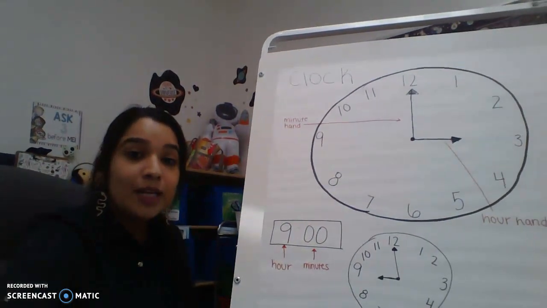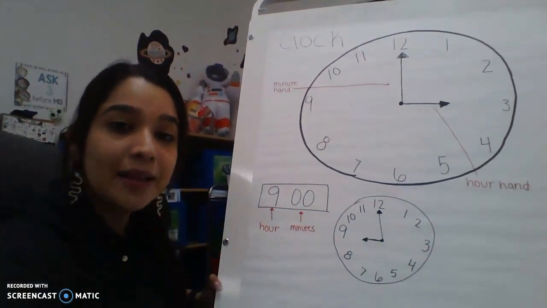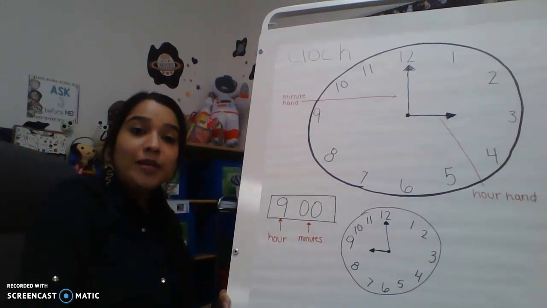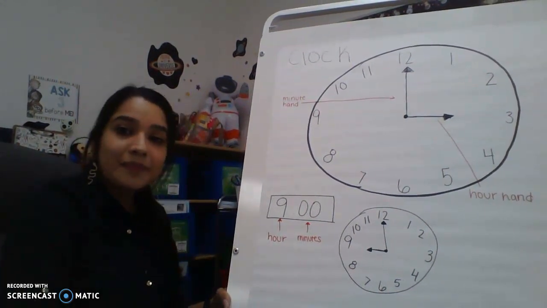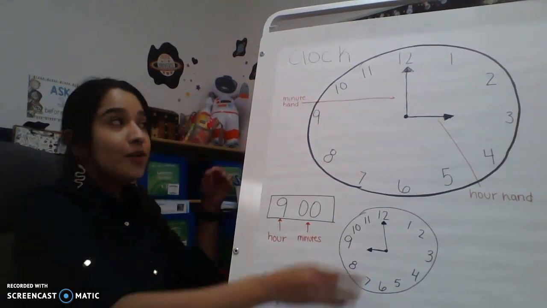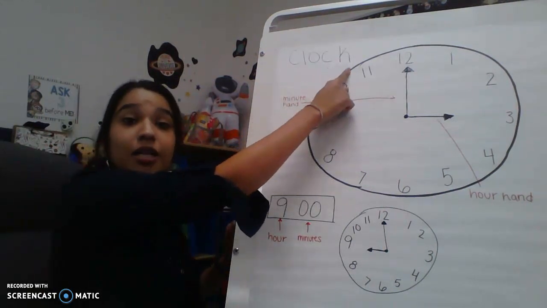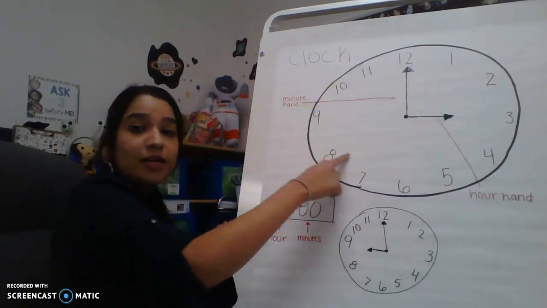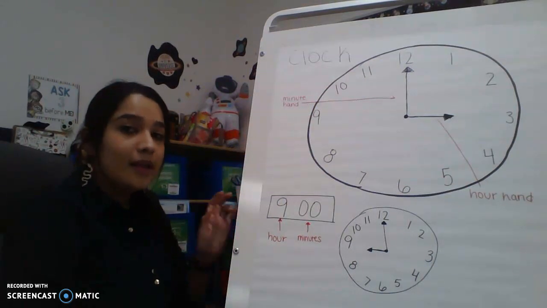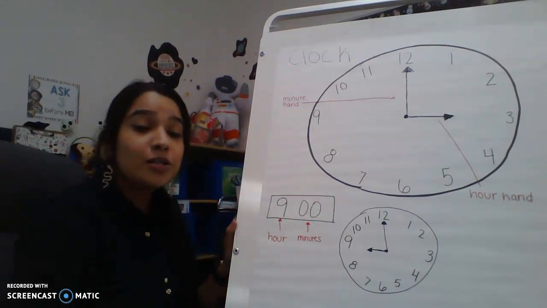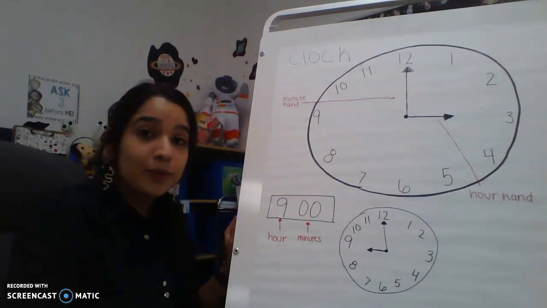Great job. Let's go ahead and see our anchor chart that we've been reviewing and looking at. Go ahead, move the camera a little bit so y'all can see better. Okay, so this is our clock. We were just looking at our vocabulary words.